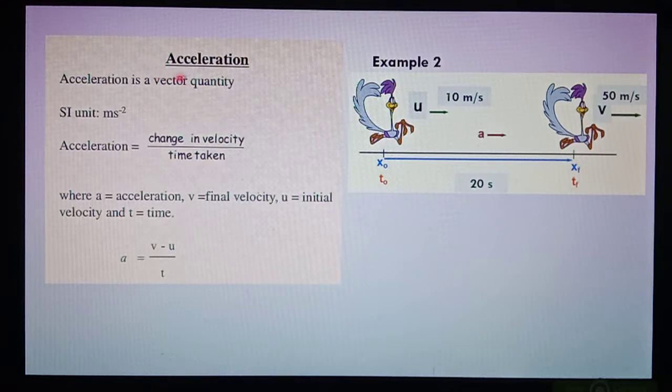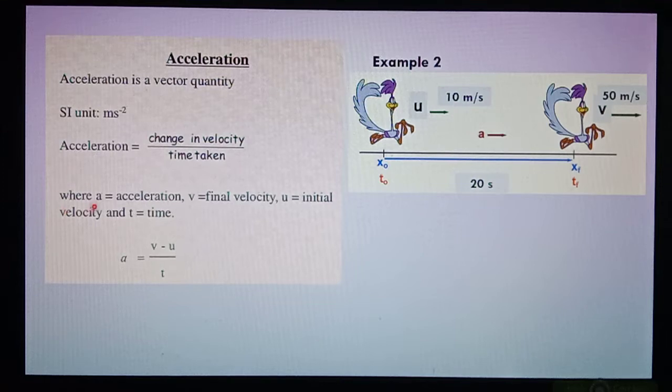Now acceleration. What is acceleration? Acceleration can be defined as rate of change of velocity, which equals change in velocity divided by time taken. Acceleration is a vector quantity. You look at the formula here, velocity, so that's the reason why acceleration becomes a vector quantity.